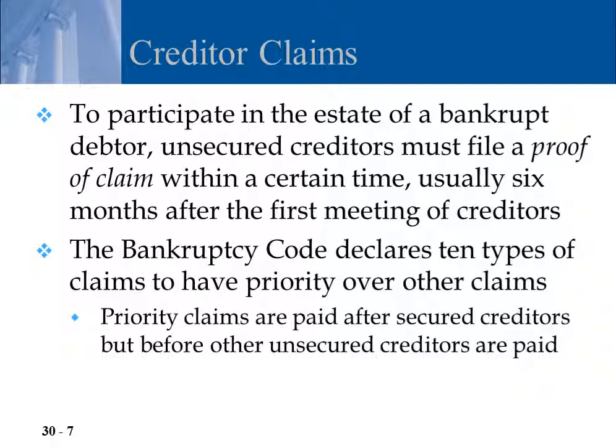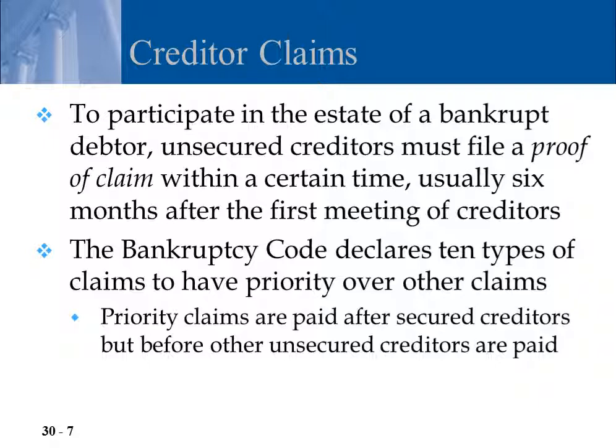Remember from secured transactions that an unsecured creditor would be someone in which there's been no purchase money security interest, no financing statement filed against them. These tend to be things like credit cards.